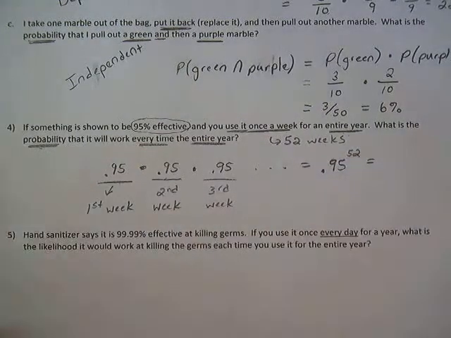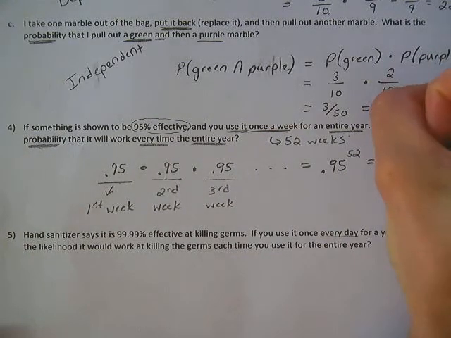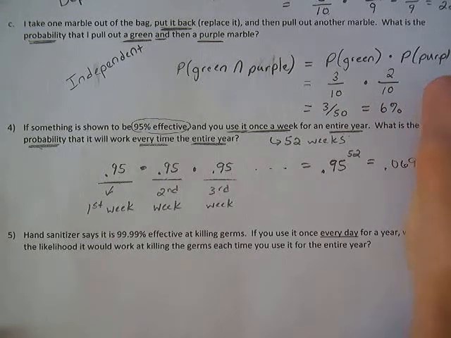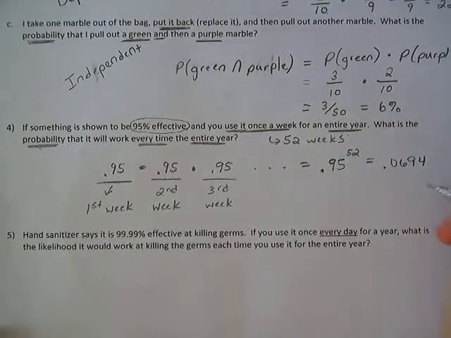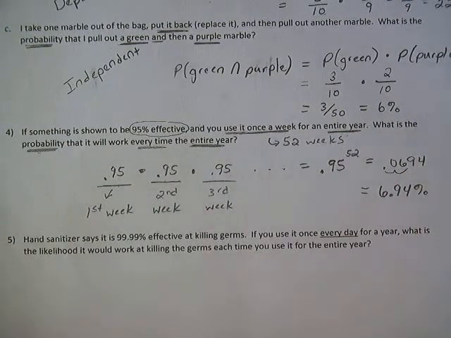So if I take 0.95 to the 52nd power, I get 0.0694 if I round it there. If I change that decimal to a percentage, it would be 6.94%. So the likelihood that that product will work that entire year is 6.94%.